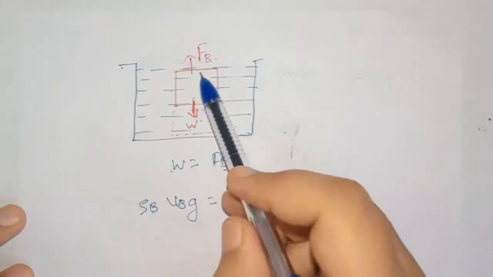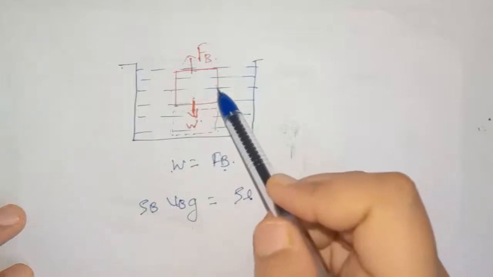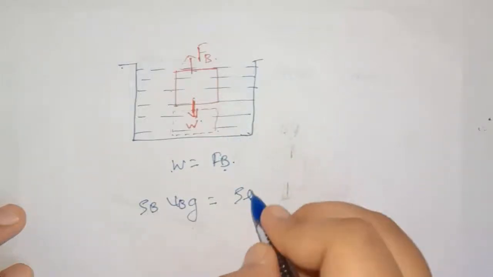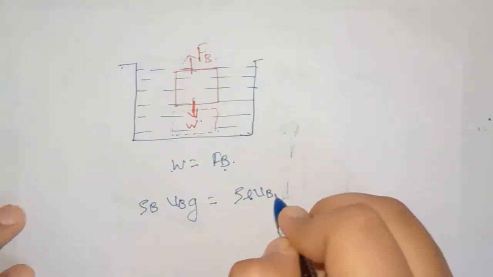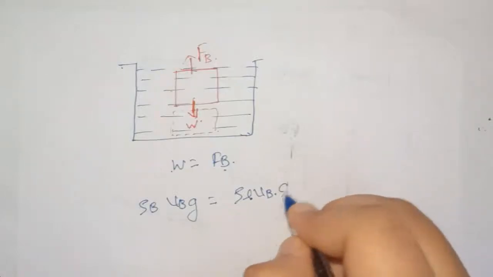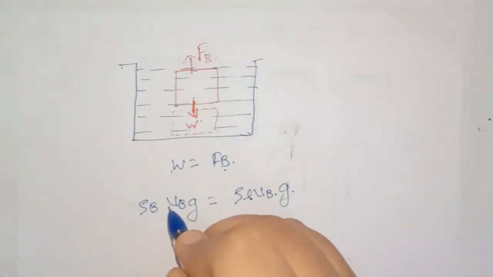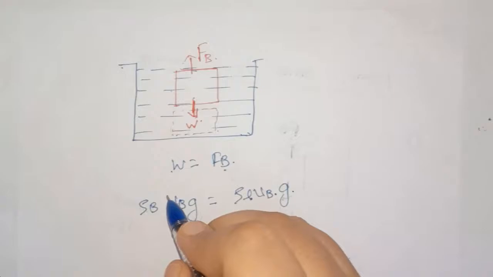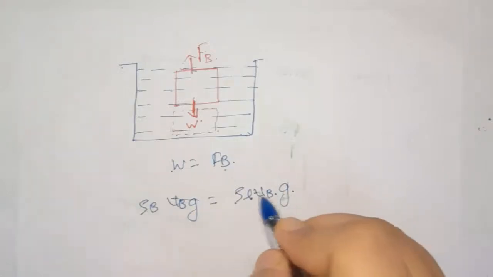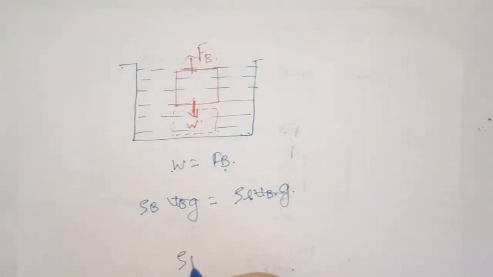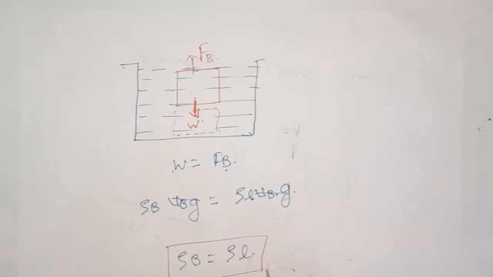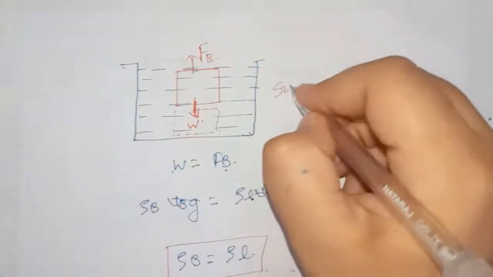Here the complete body is inside the liquid, so volume of body inside will be VB into g. This VBG will get cancelled out, so we can write density of body is equal to density of liquid. If the densities are the same, then we will get the case of submerge.